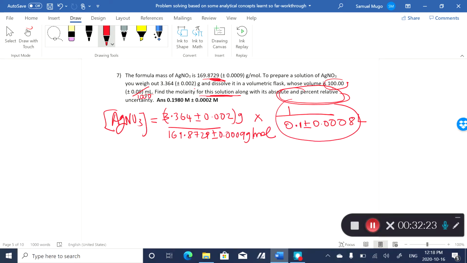And when you do that, actually there's an extra 0 here. There should be 4 zeros, liters, okay?